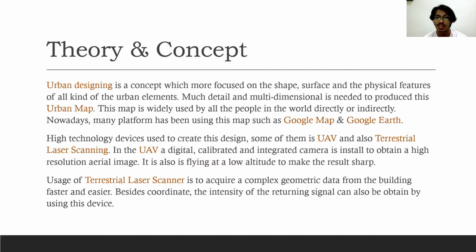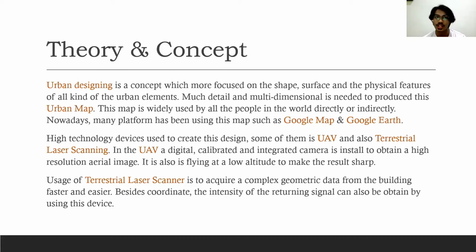High technology devices are used to create this design, like UAV and also terrestrial laser scanning. So in the UAV, a digital calibrated and integrated camera is installed to obtain a high resolution aerial image.